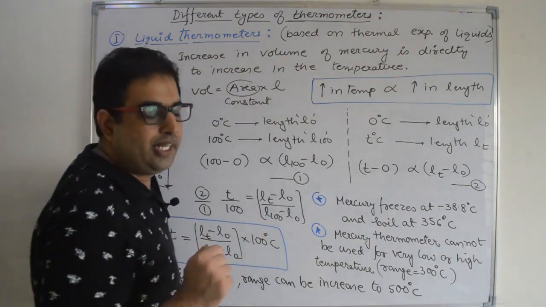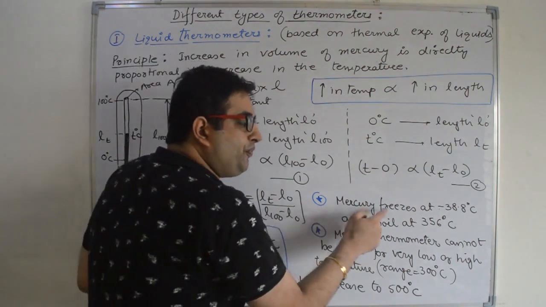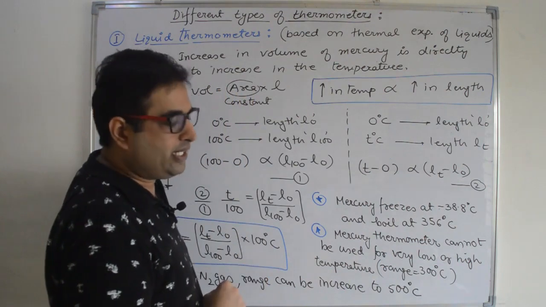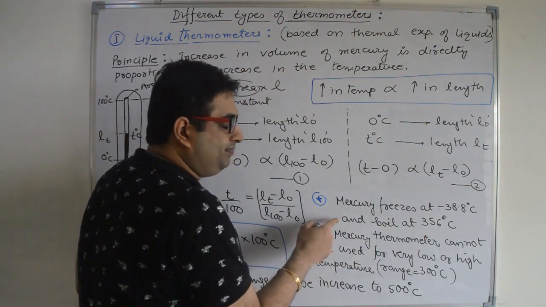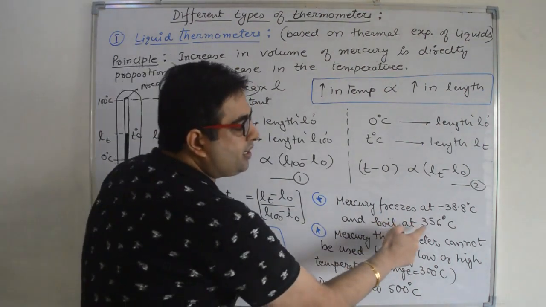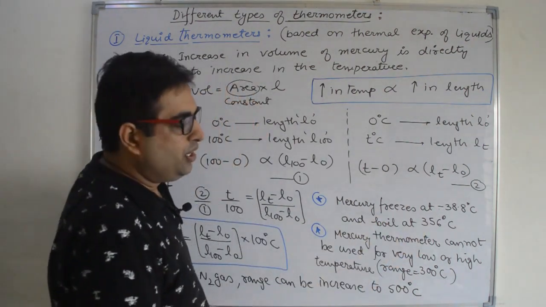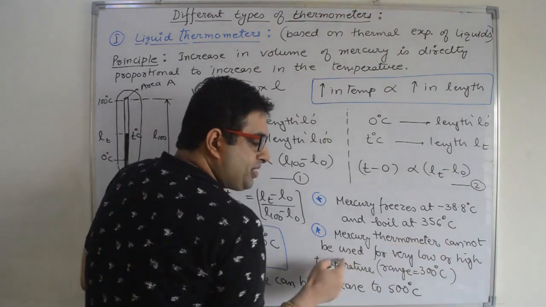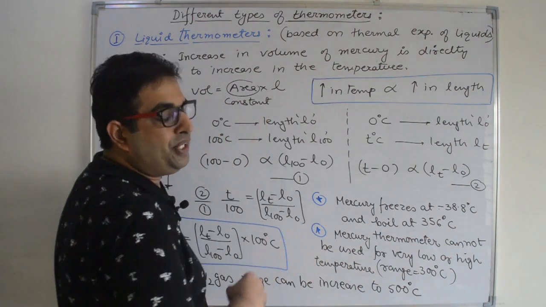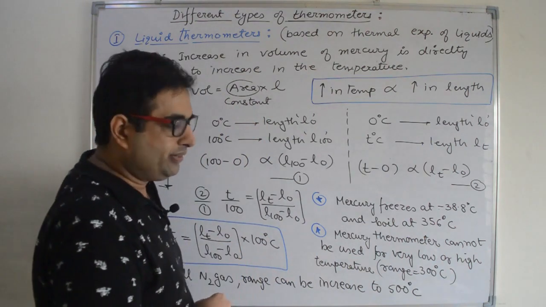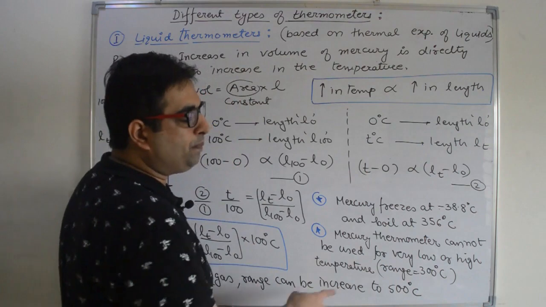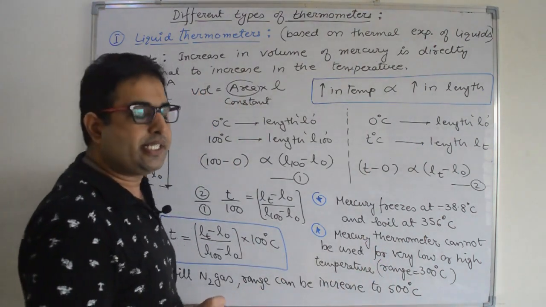Now some points related with mercury. Mercury freezes at minus 38.8 degrees Celsius, and the boiling point of mercury is 356 degrees Celsius. So we cannot measure very low or very high temperature by using a mercury thermometer, right? So the range of the mercury thermometer is only up to 300 degrees Celsius.